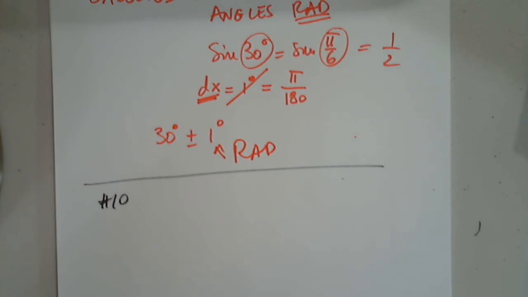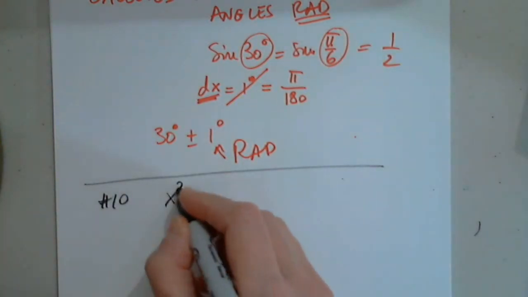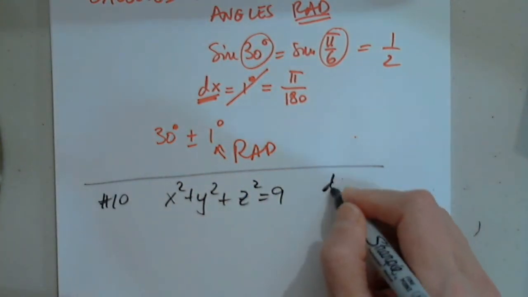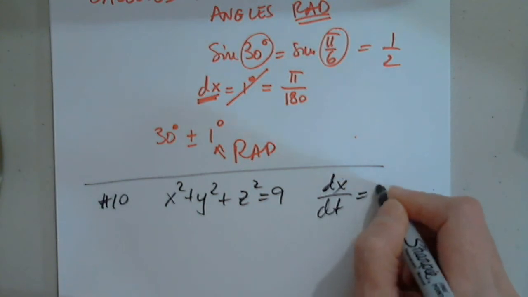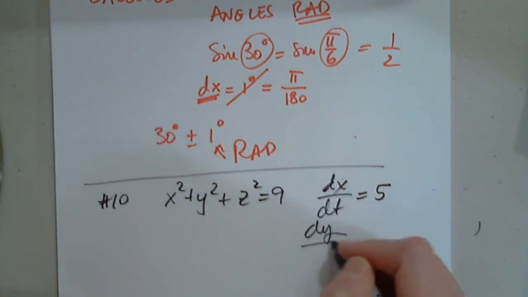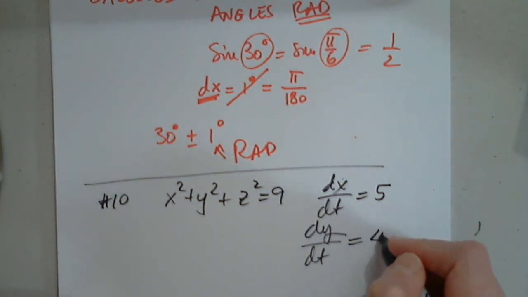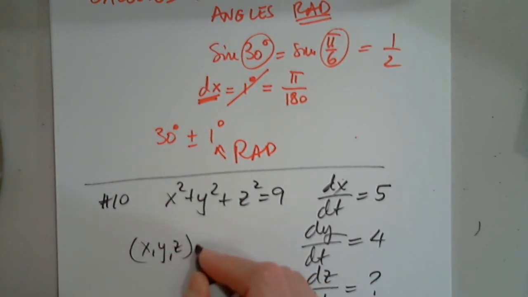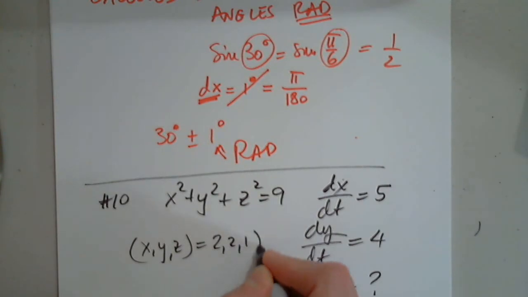Here it is. So I have x squared plus y squared plus z squared equals 9. They are giving us dx over dt as 5, dy over dt as 4, and dz over dt is what they want us to find, when the triple x, y, z is 2, 2, 1.